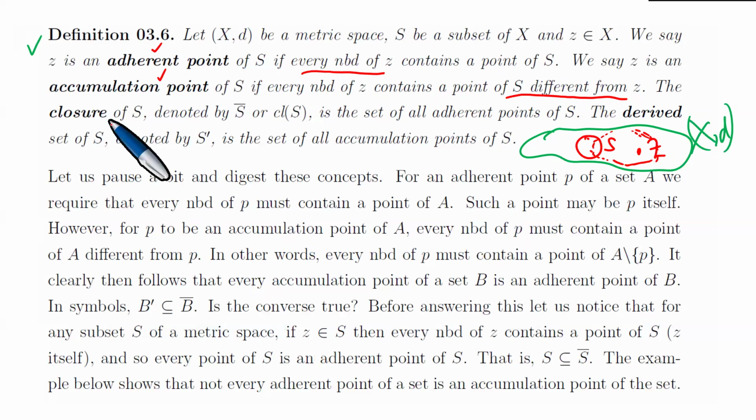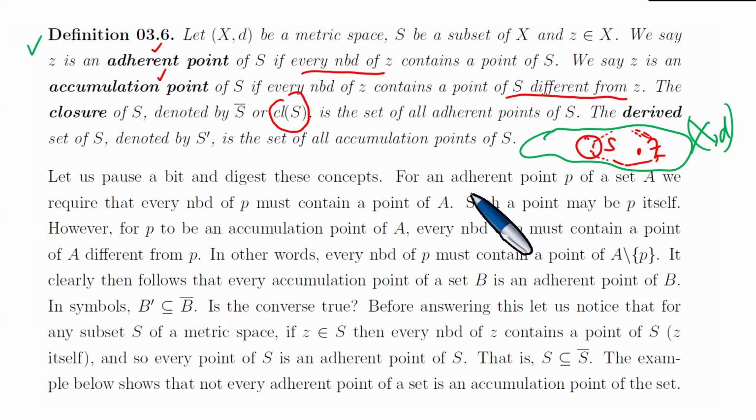The closure of S, denoted by S bar, or CL of S, is the set of all adherent points of S. The derived set of S, denoted by S prime, is the set of all accumulation points of S. So this is very, very important.